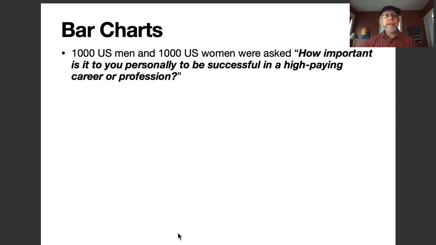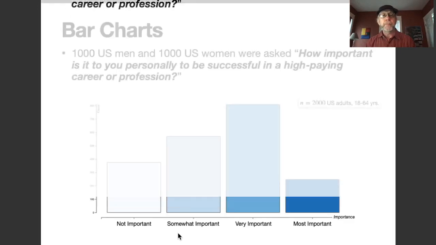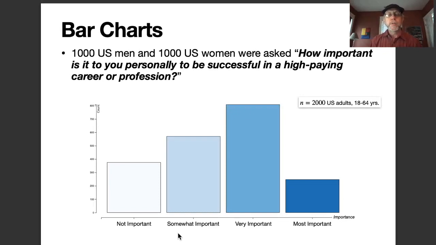So I want to use some data from 1,000 US men and 1,000 US women who were asked, how important is it to you personally to be successful in a high-paying career or profession? We can quickly see the results of this survey in a bar chart. And here it is. So I've combined in this chart the responses from the men and the women. So we have 2,000 individuals in the sample.